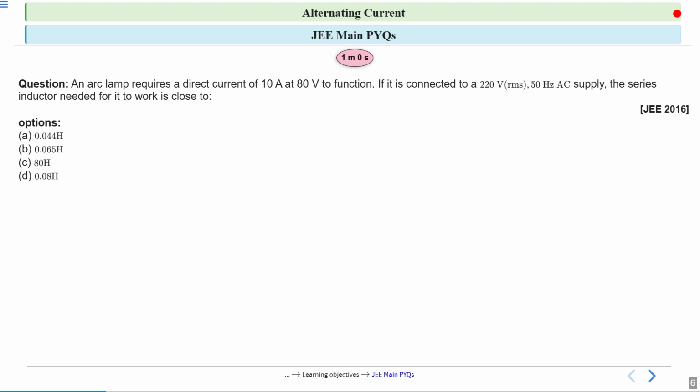We have to deliver the same power in the AC circuit also, so the bulb will glow with the same brightness and will not fuse.